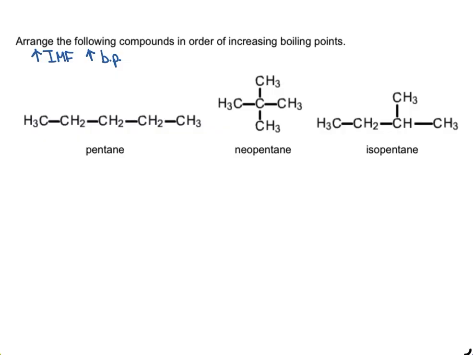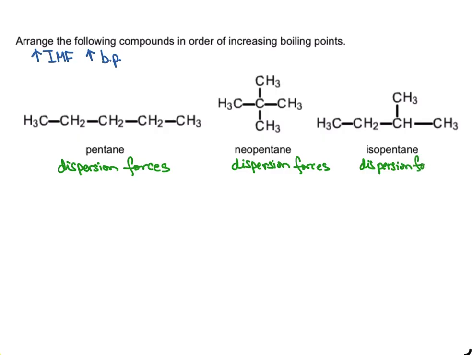So for this one, for pentane, we have dispersion forces. It's not polar. Neopentane, again, dispersion forces is the dominant force here. It's not polar. Isopentane, again, nonpolar, so only dispersion forces.